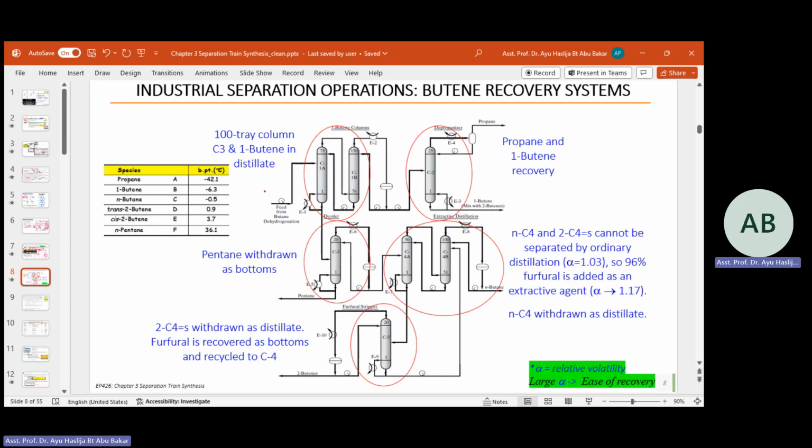Here is the main feed, which consists of A to F. Now it enters the first separation system, where C3 and 1-butene are in the distillate.